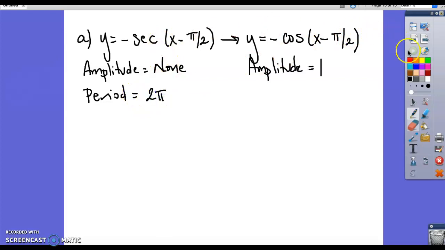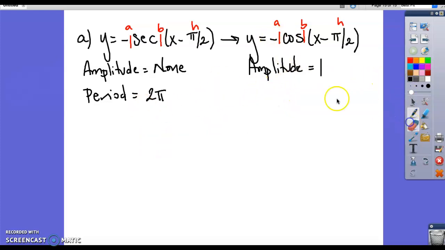In this case, b is 1, right? Here's a, here's b, and here's h. And same thing for this one, the period would be 2 pi.